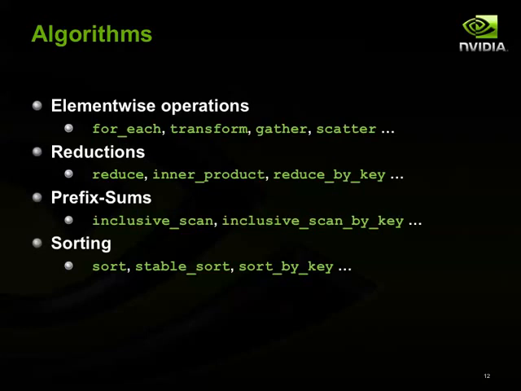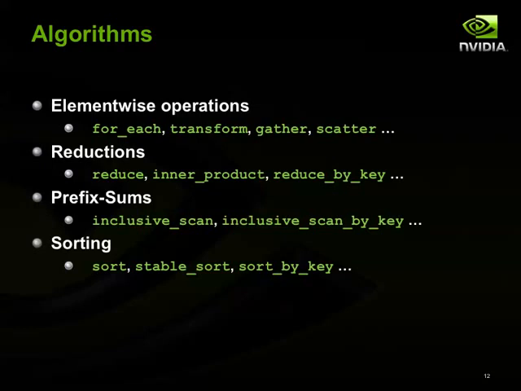Inner product will do that, but for 2 vectors, so it'll do the mathematical inner product using 2 vectors. And then there are a bunch of others. Prefix sums, which I assume they spoke about last week, are a case where you want to compute the cumulative sum of an array. And sorting, of course, is a very useful thing to be able to do.